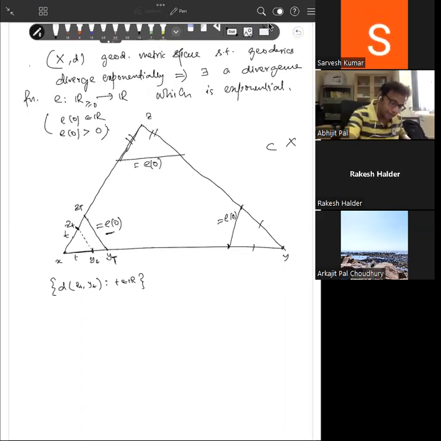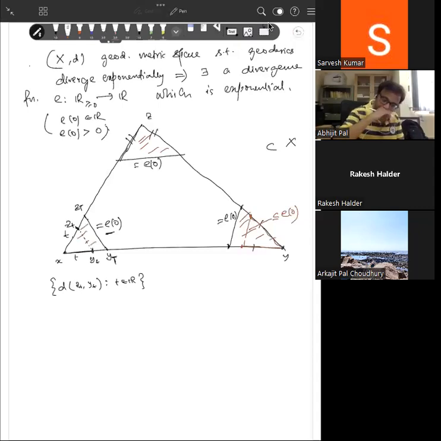If I pick any point here, this distance is at most E naught. I'm not bothered about all these corner triangles, since these are already slim triangles. So I can chop out all these corner triangles.